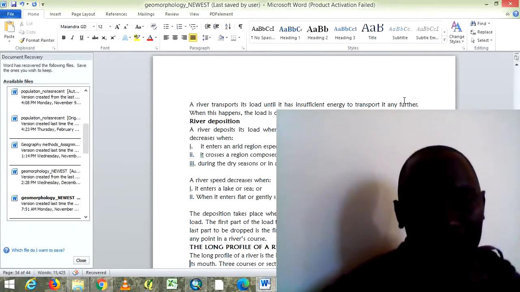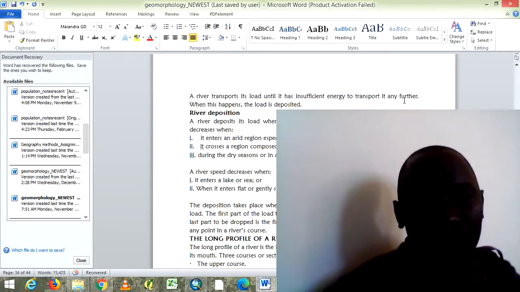So if it enters a place of flat terrain, it means that the force of gravity is minimal, and therefore the water will tend to move sluggishly. But the sluggish movement of water also impacts on its ability to transport material, and therefore eventually deposition is going to occur. So deposition occurs when the river has insufficient energy to carry its load.